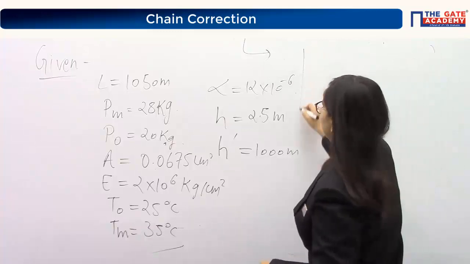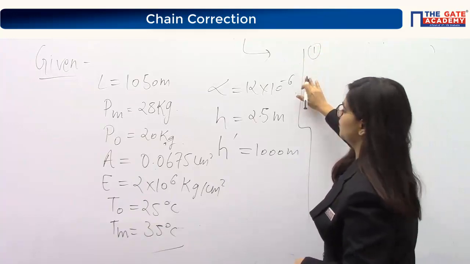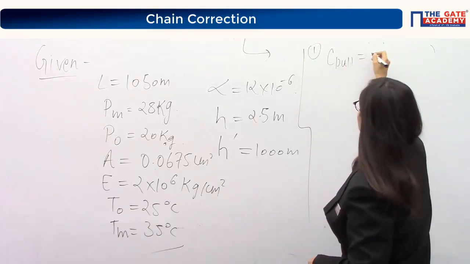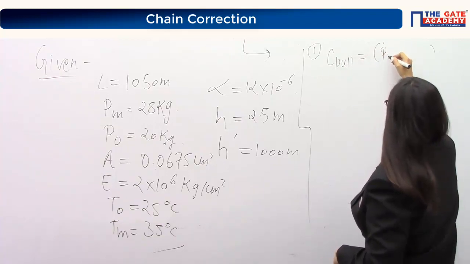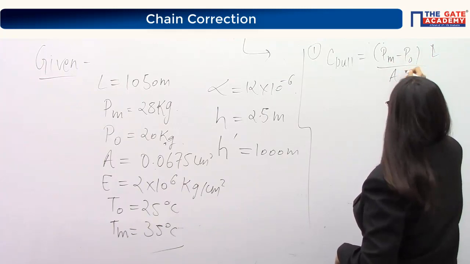So here I am doing mine, you can do yours. First is correction for pull. Correction for pull is nothing but PL by AE.